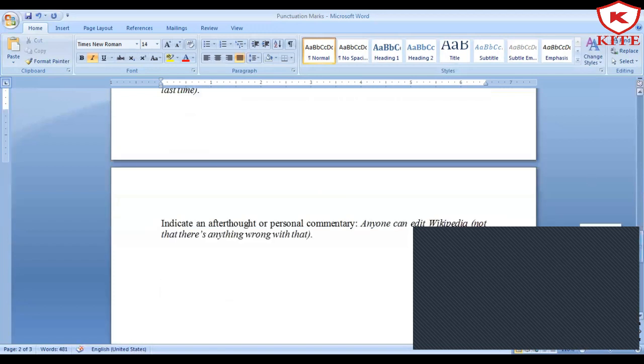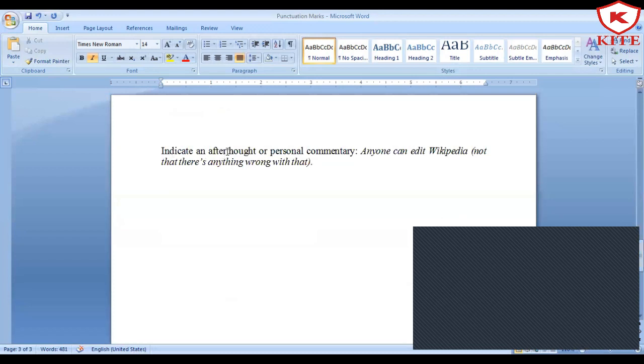The same thing is included over here. Whenever you want to indicate an afterthought, you have read something, you have watched something, now you have to give your thoughts on that, or your personal commentary on that, you can use this, that is parenthesis. Anyone can edit Wikipedia, we know very well, but in the bracket the narrator or the speaker is giving his or her own view and commentary.